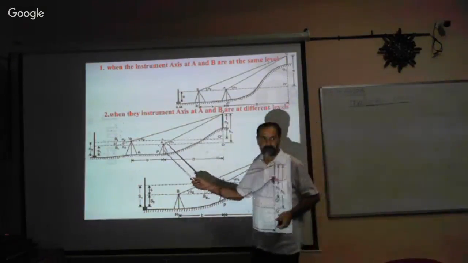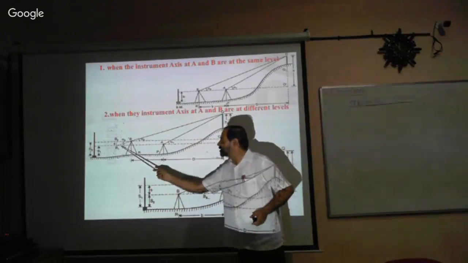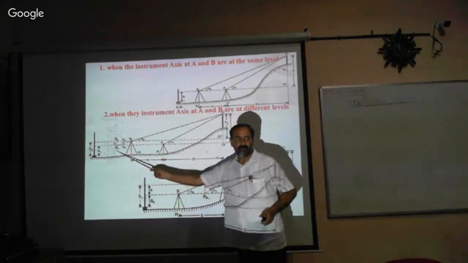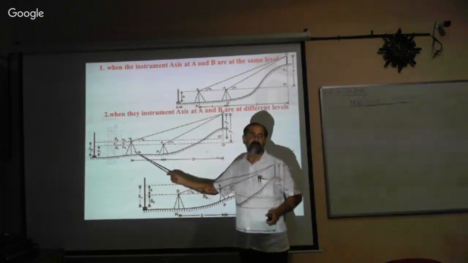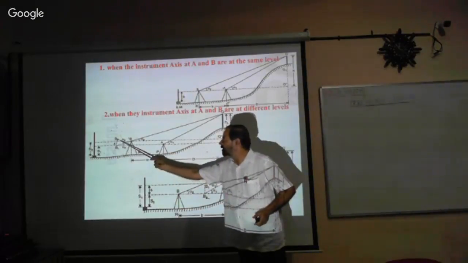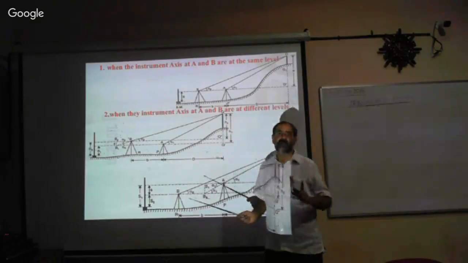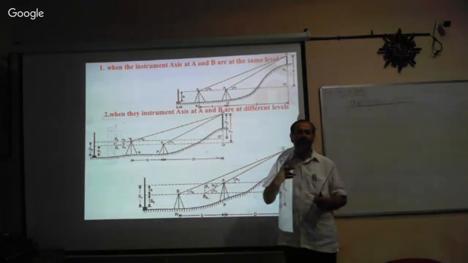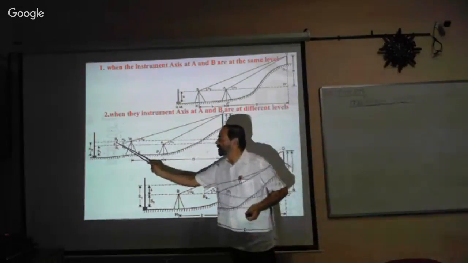Now, by considering this triangle, you have calculated this distance. This distance is equal to how much? Yes, S cot alpha 2. You just apply the simple triangle formula, sin theta, cos theta, and cross multiplication, we will get S cos theta.